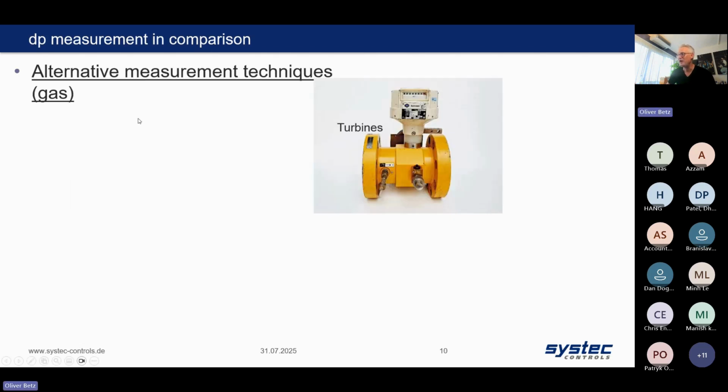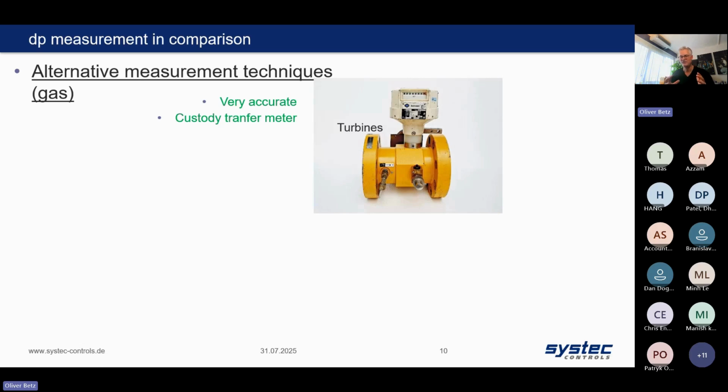So if we're talking about gas flow meters, let's go with the first alternative, turbines, for example. Turbines are old technology, but they are very accurate. So turbines are still one of the most accurate flow meters. They are custody transfer flow meters, so expensive turbines.